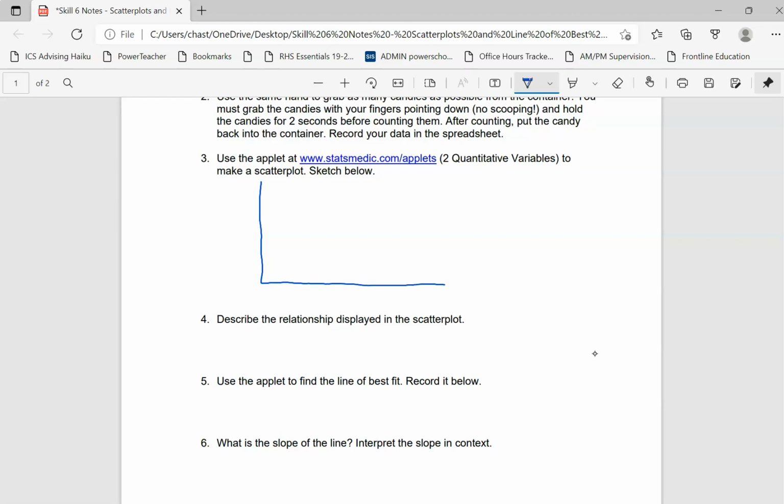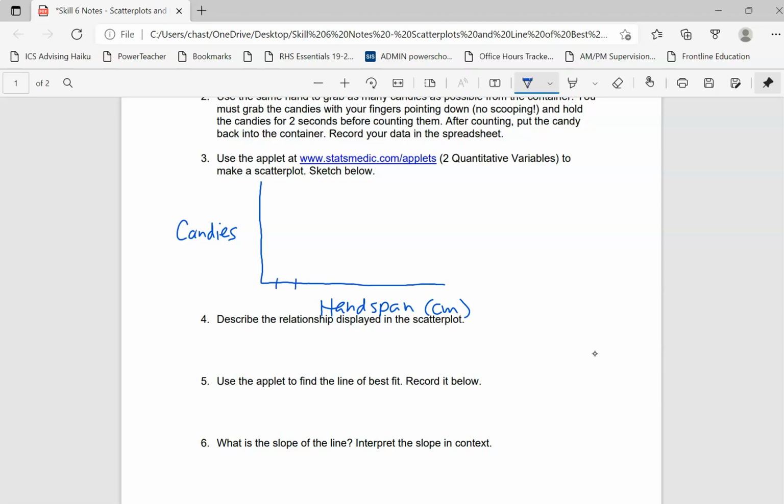All right, so we'll just call that hand span, and we're going to measure that in centimeters. And we're going to relate that to the number of candies that we can pick up. Our hand spans, probably nobody has anything less than 15.